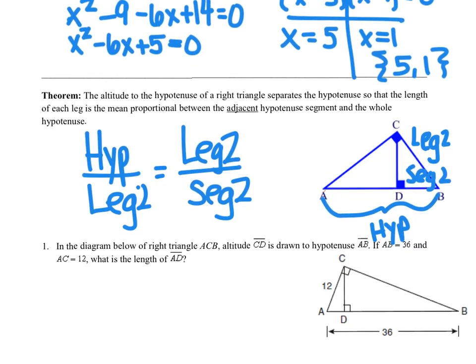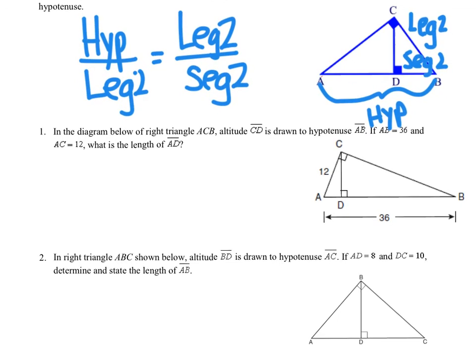Okay, so let's try a problem using this. In number 1, in the diagram below of right triangle ACB, altitude CD is drawn to hypotenuse AB. If AB is 36 and AC is 12, what's the length of AD? So we want to find this segment.